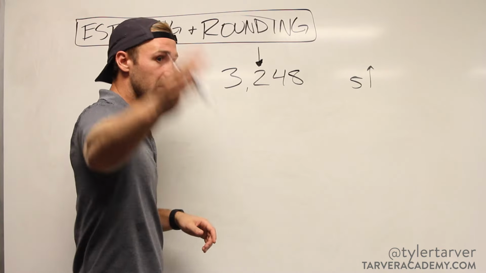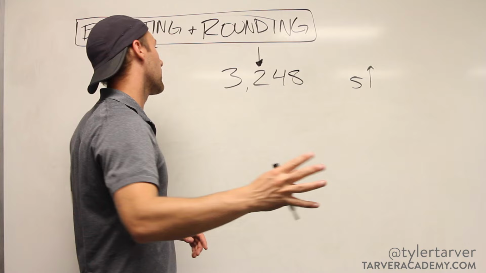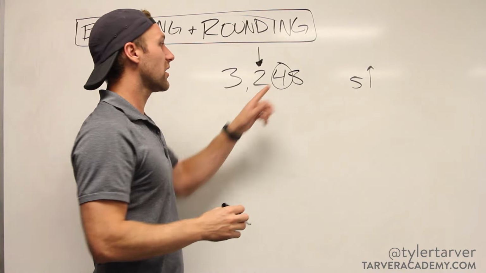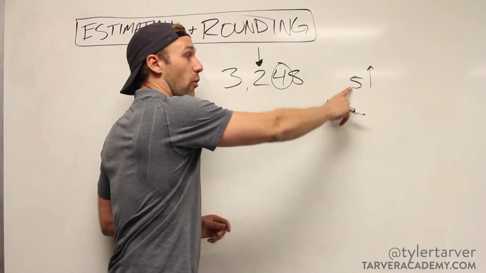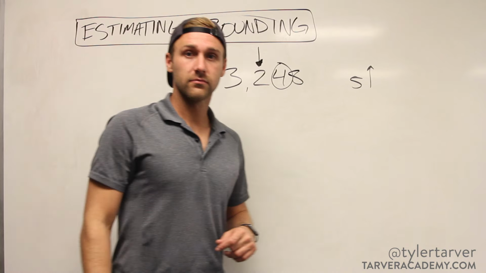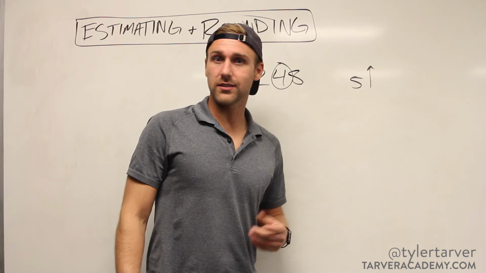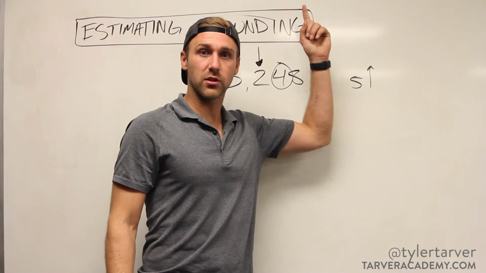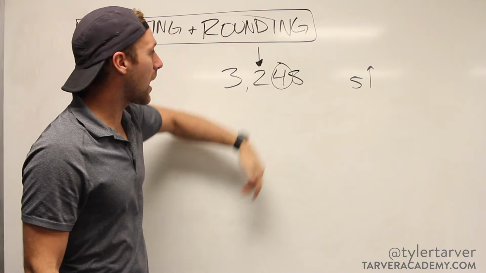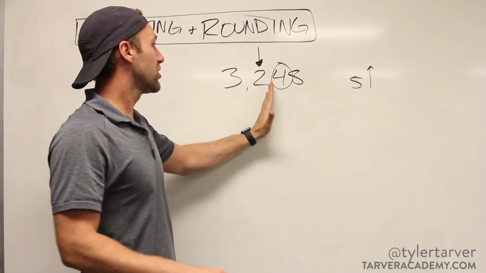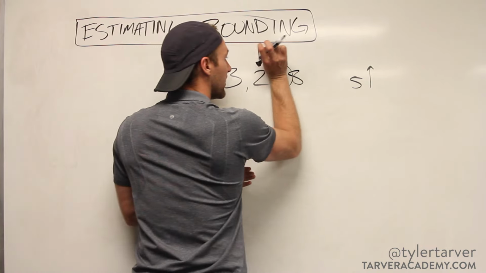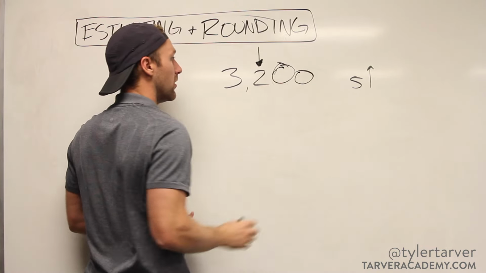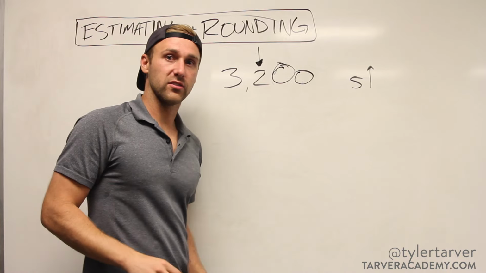So it'd be 4. Good job. So that 4 is our key number. Now, is 4 5 or greater? No, it's not. So we're not going to round that 2 up to a 3. We drop it, no change to that number, and everything else becomes a 0. That's rounding to the nearest 100.